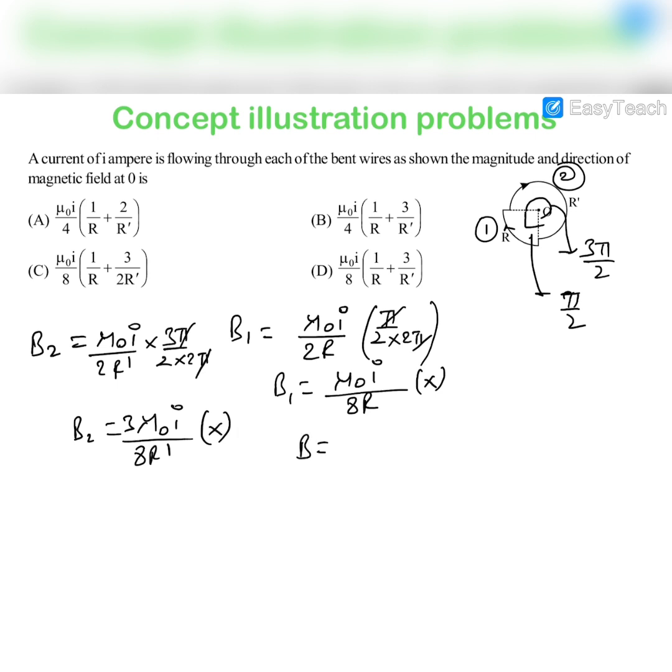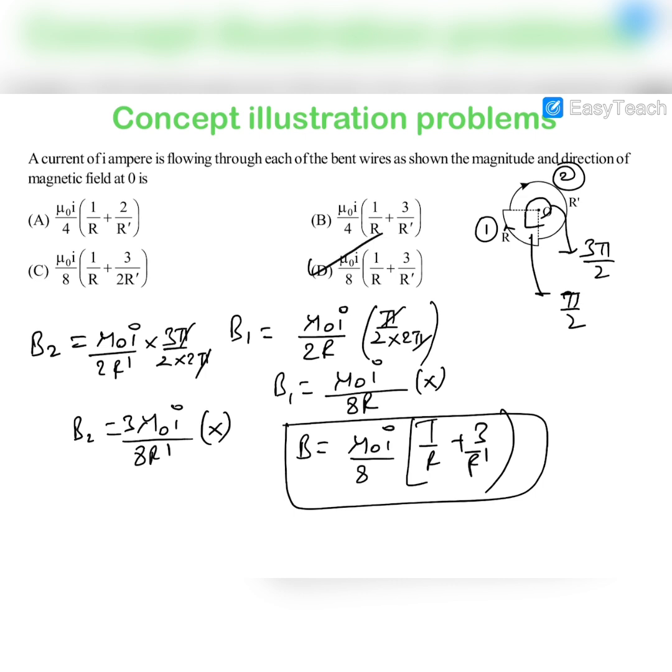So the net magnetic field B will be mu naught I by 8, and this is 1 by r plus 3 by r dash. So the correct answer will be option number D. Now we move on to the next question.